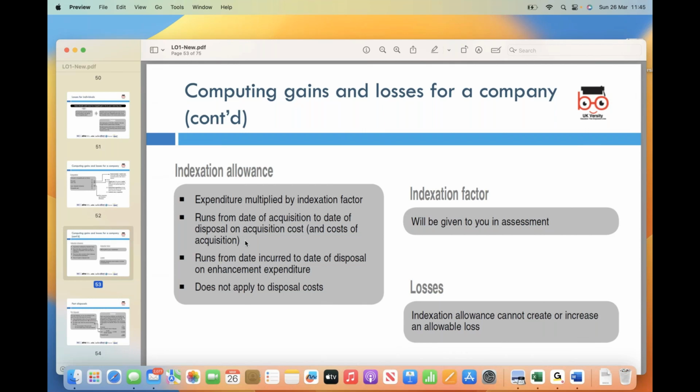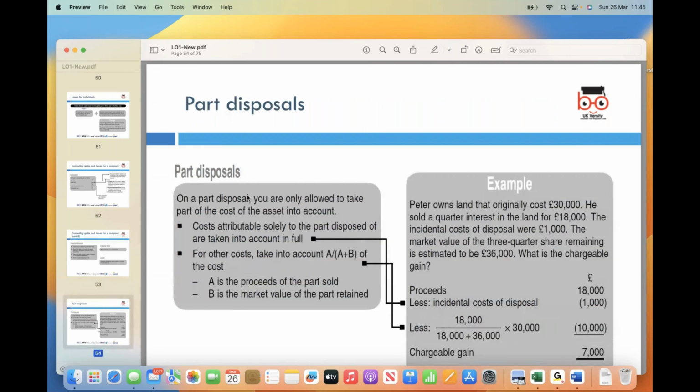Subtract the adjusted cost from the proceeds to determine the chargeable gain. The chargeable gain is then subject to corporation tax at a rate of 19% as per 2022-23.